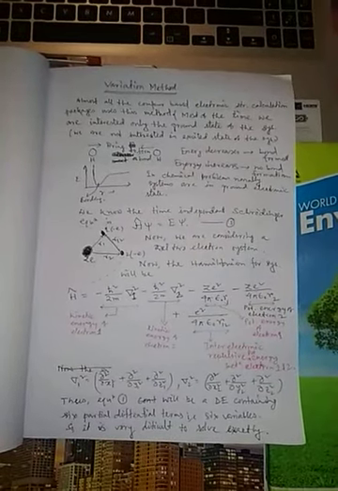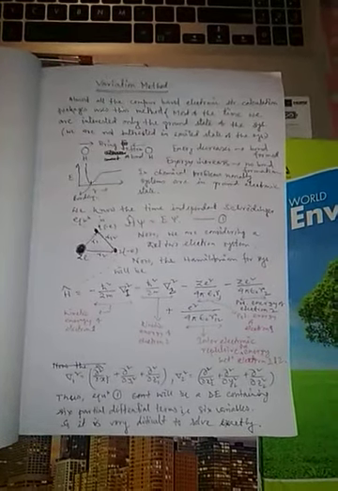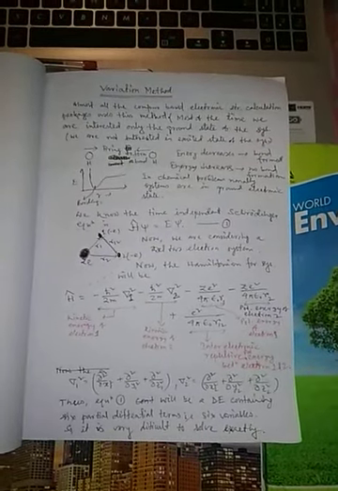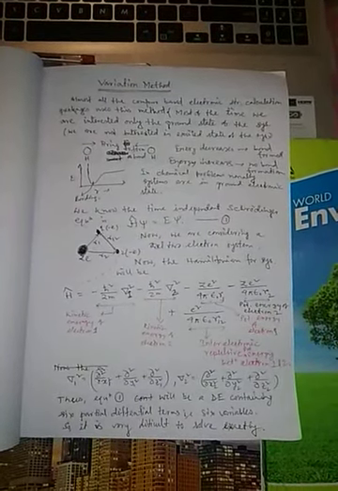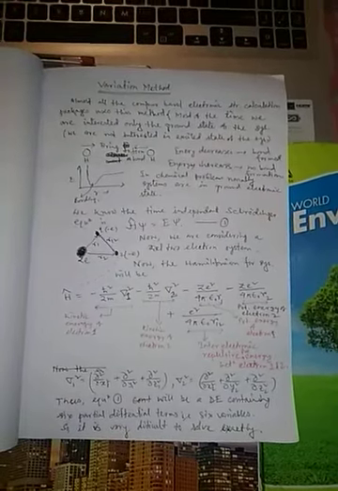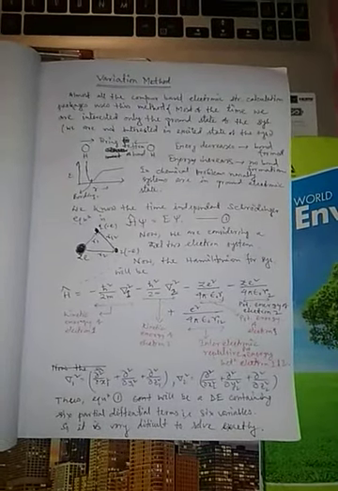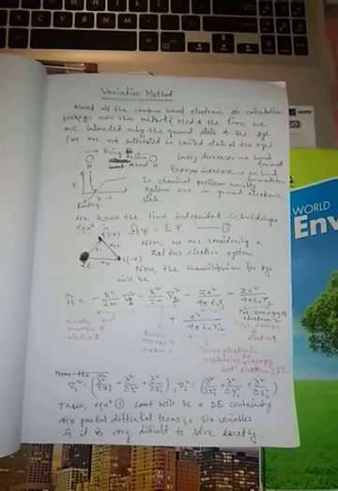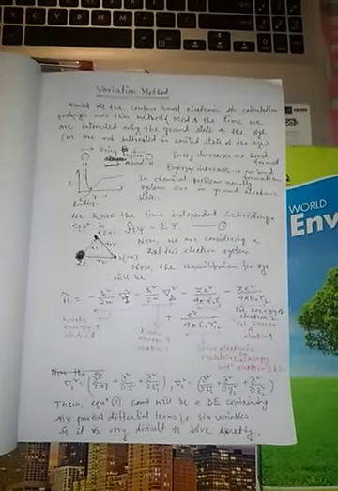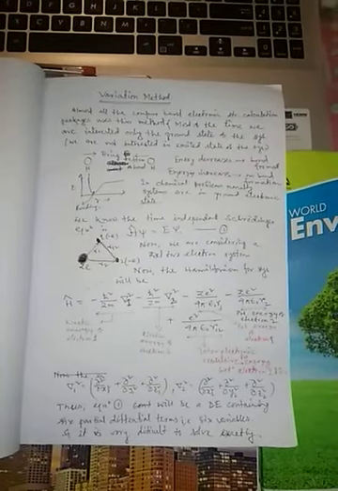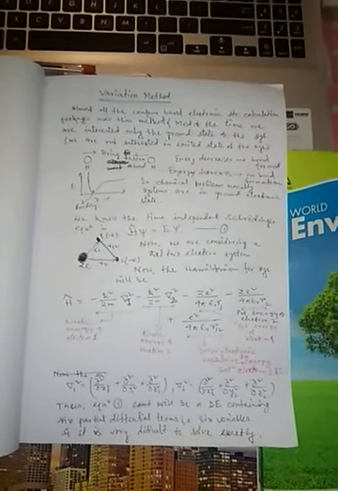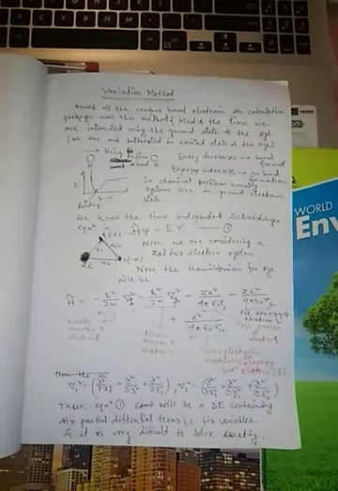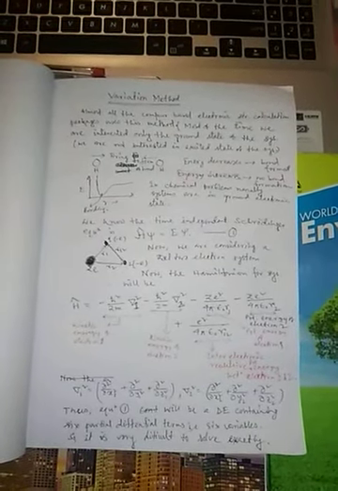The variation method is an approximation method to solve the Schrödinger equation for a multi-electronic system like the helium atom or lithium atom, and this type of method is extensively used in the computer programming which is utilized to get the solution for multi-electron systems.